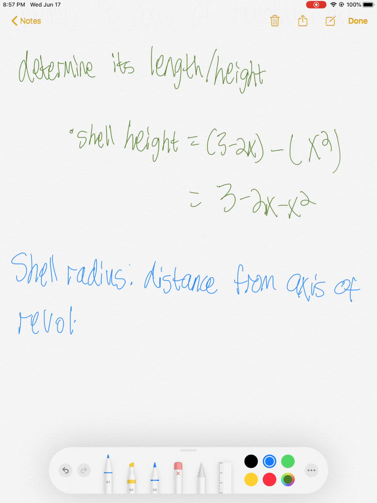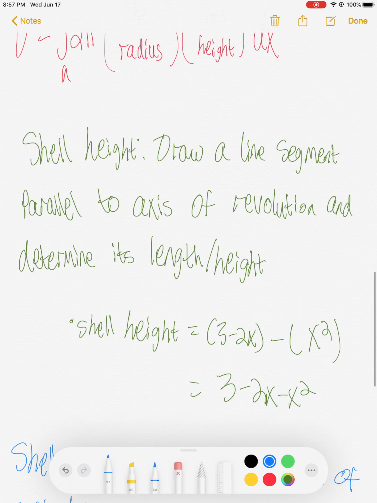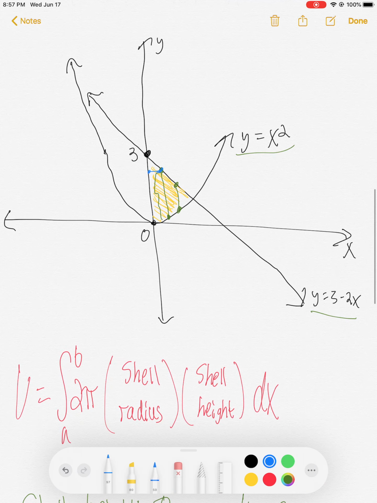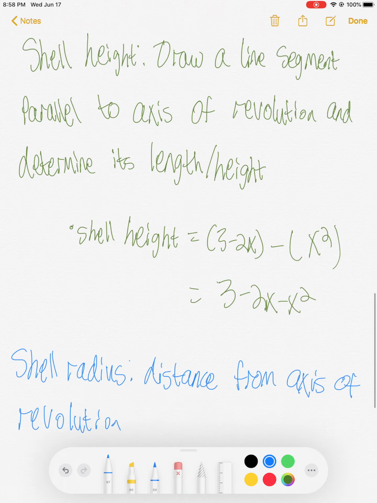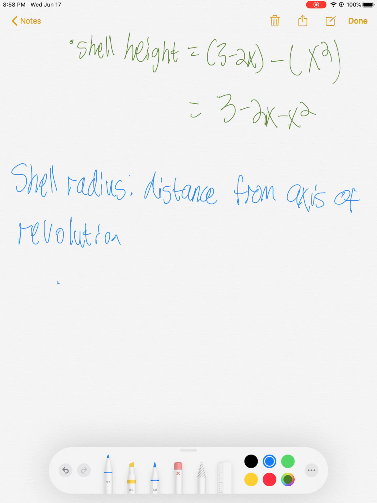So if I look at this green segment here, let's say the left-hand green segment, what I'm asking is how far away from the axis of revolution, which in this case is the y-axis, is this line segment? And the answer comes out to just be whatever the value of x is. That's how far away it is. So in this case, shell radius equals x.